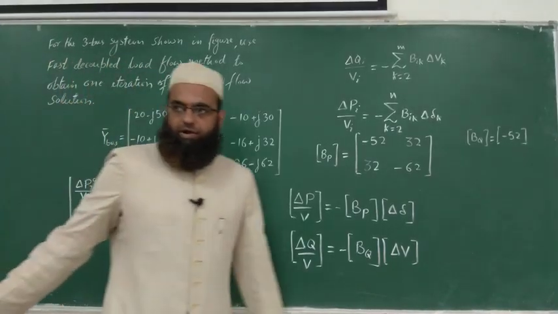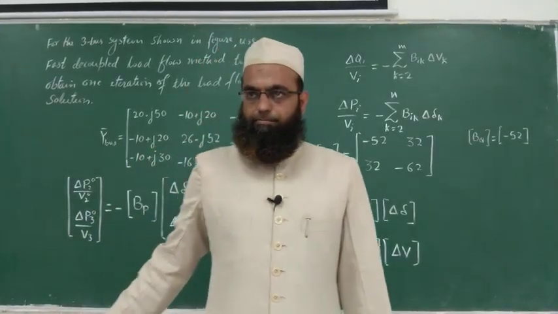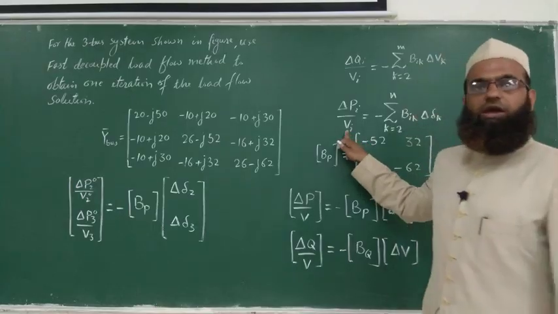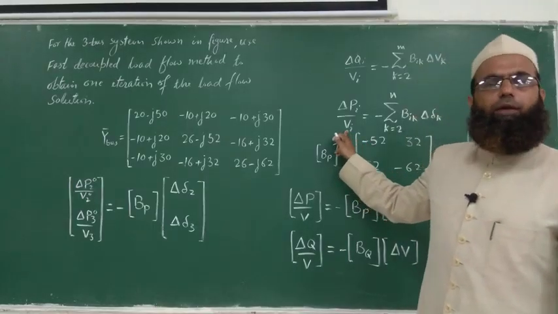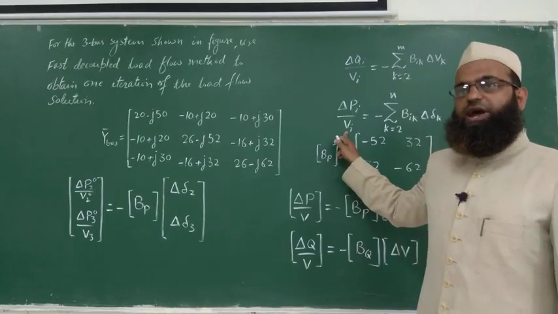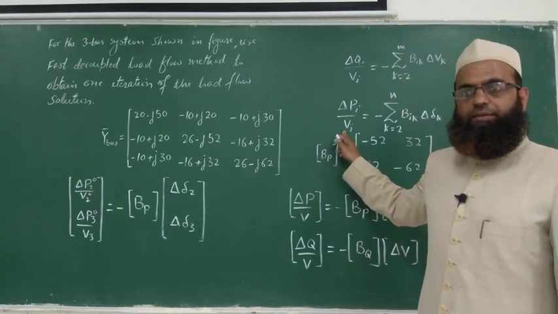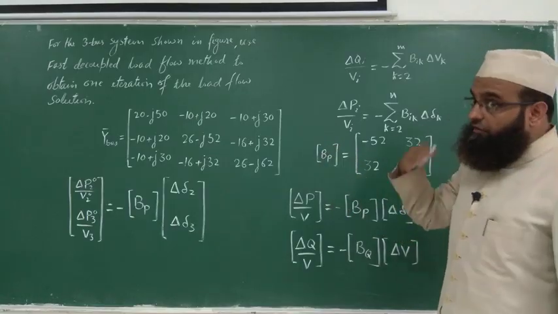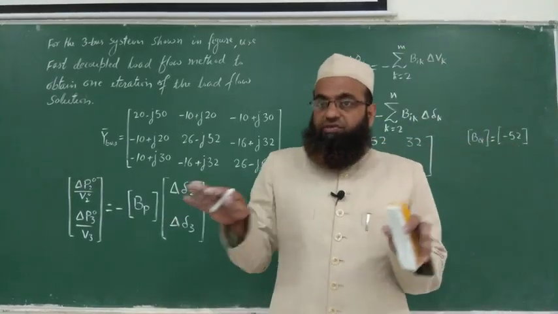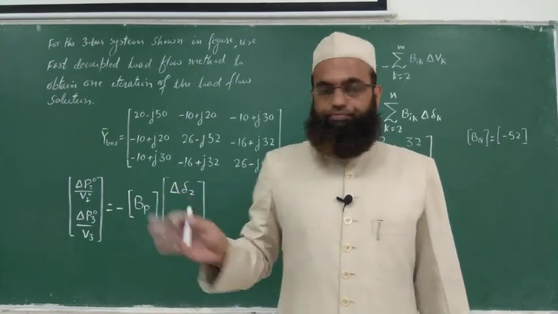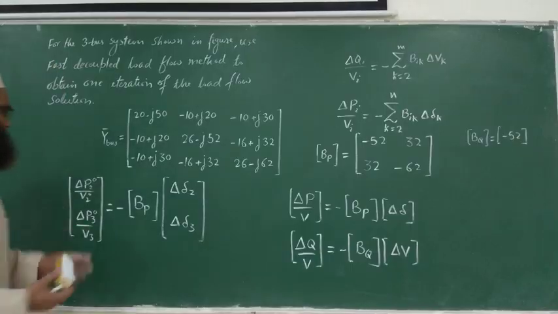Because V3 is not variable, bus number 3 is PV. So this Vi in general may be constant or variable depending upon whether that particular bus is PQ or PV. If that bus is PQ, then this will be variable. If that bus is PV, then this will be specified. So always use the most recent values of the variables. Fine.